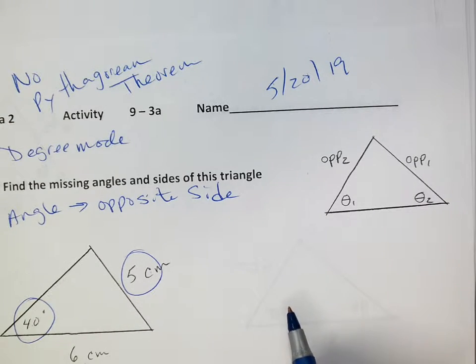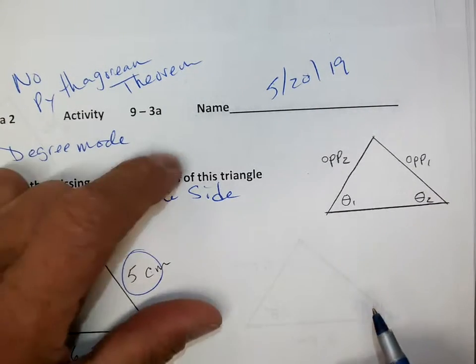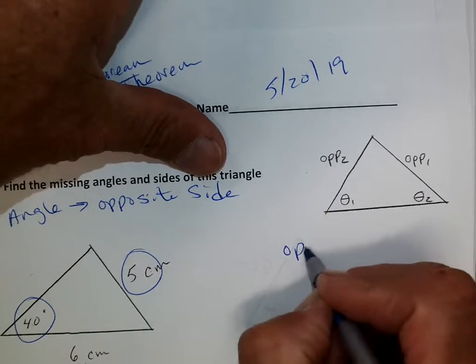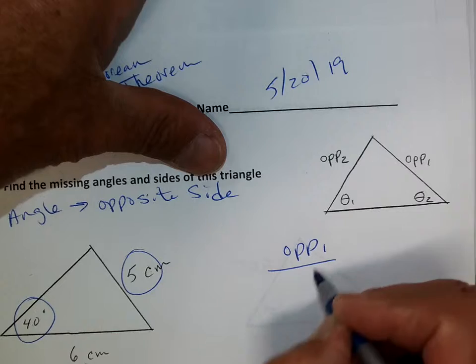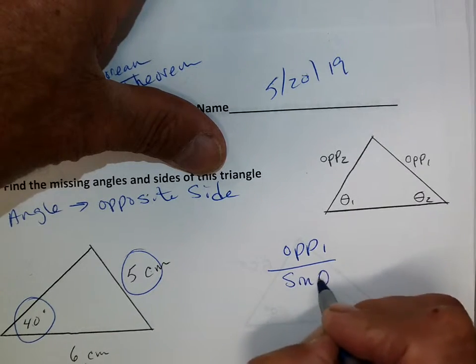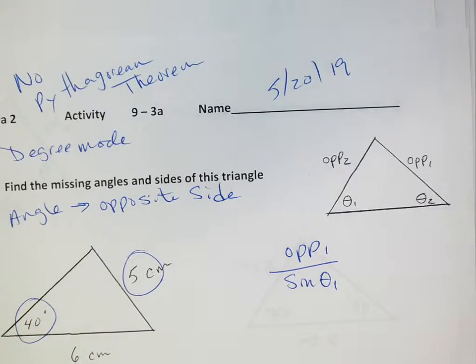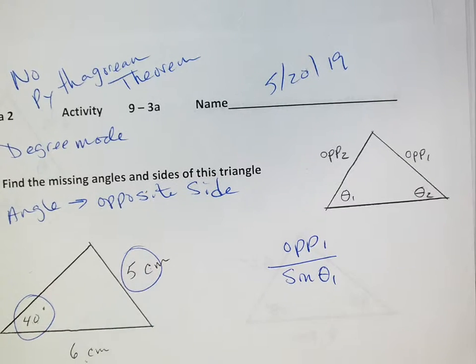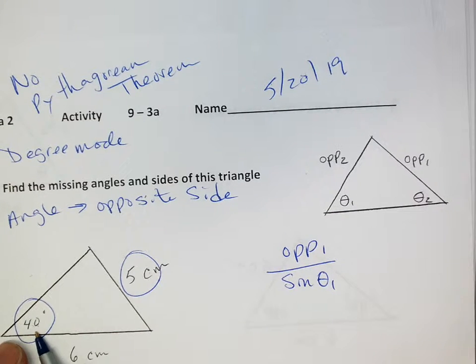The law of sines looks like this. You ready? Opposite 1 over sine theta 1. Write that down. So here I have an angle and its opposite side.